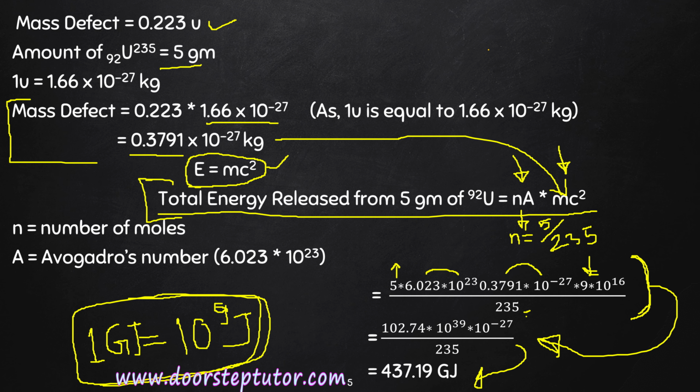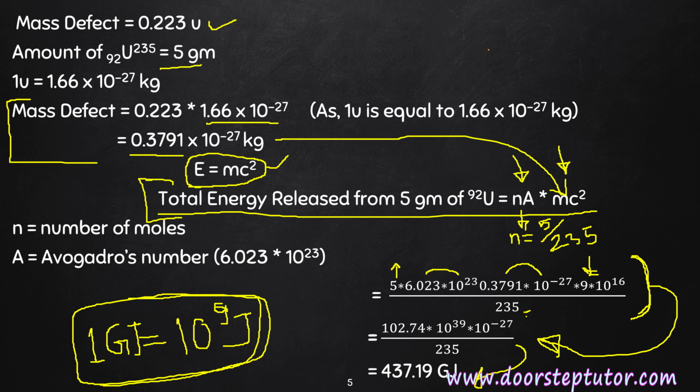We have seen the stepwise approach for the very similar question in the previous question. In this, we'll directly calculate the total number of atoms and the energy produced from a single atom in a single step.